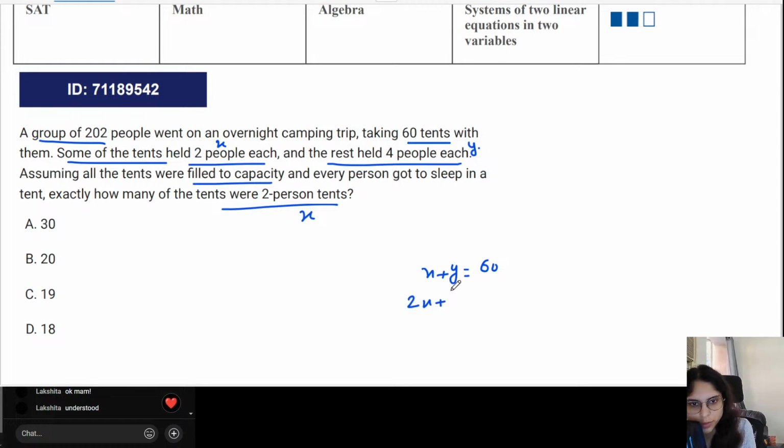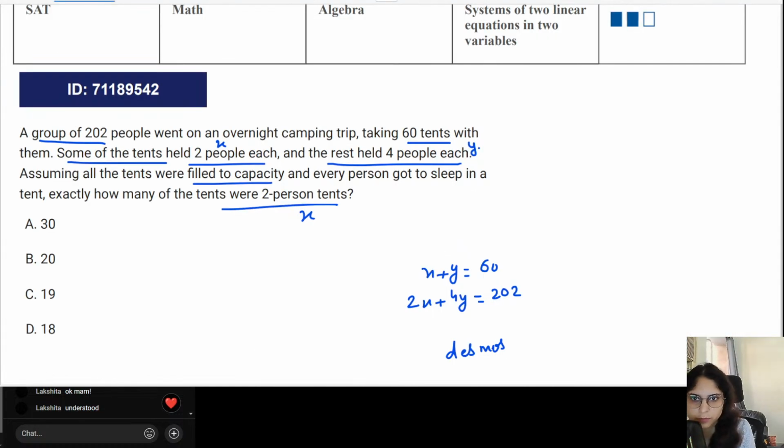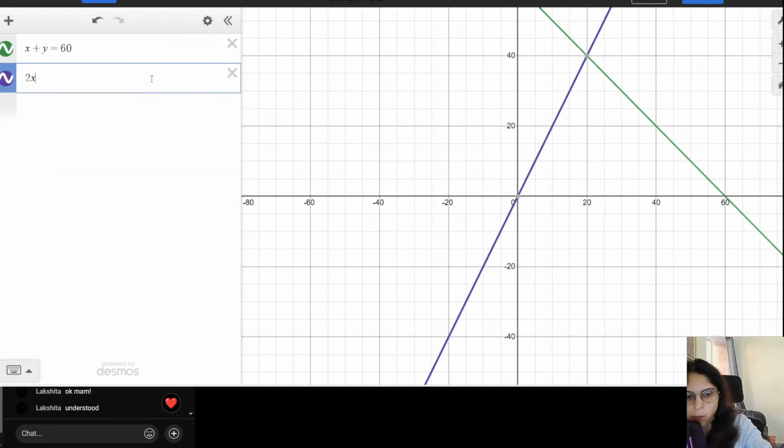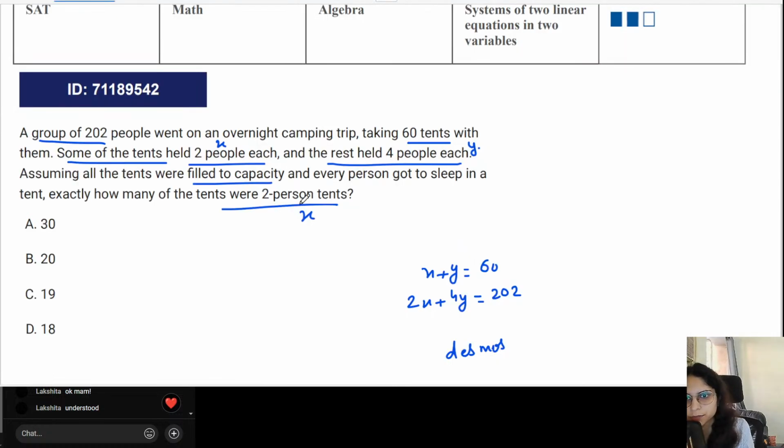And there are 4 people in each one, so 4Y equals 202, and we're looking for 2-person tents, that means we're looking for X. And then just go to Desmos, get the value of X. 2x plus 4y is 202. 19, 41, we're looking for x, 19.